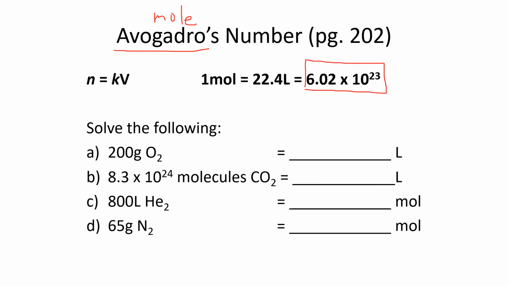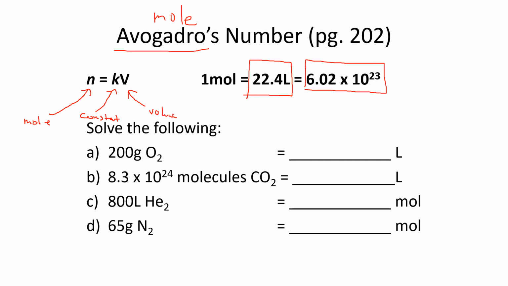And at STP, 1 mole of gas will occupy 22.4 liters of space. N is the number of moles. K is a constant, and you have to pick the correct one based on your units. And V, your volume.